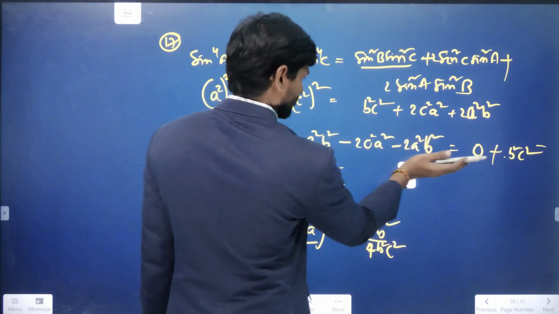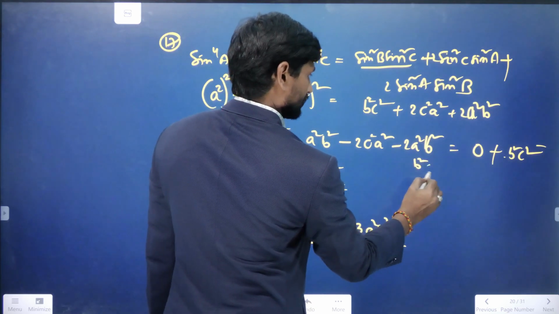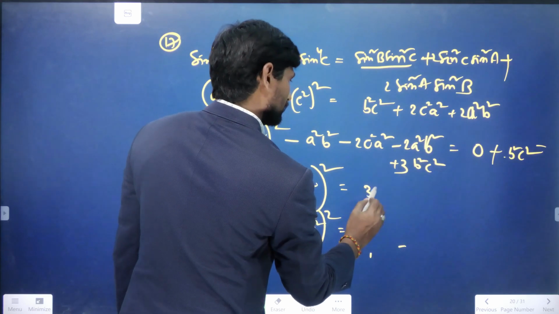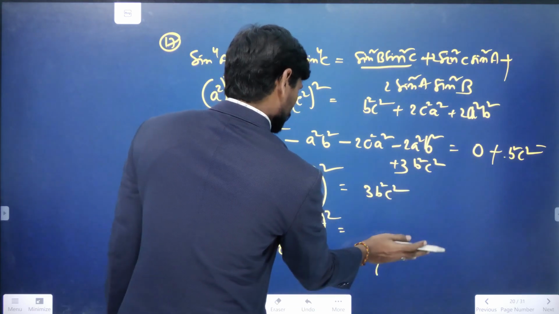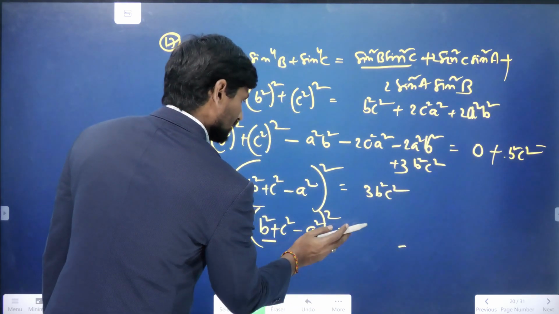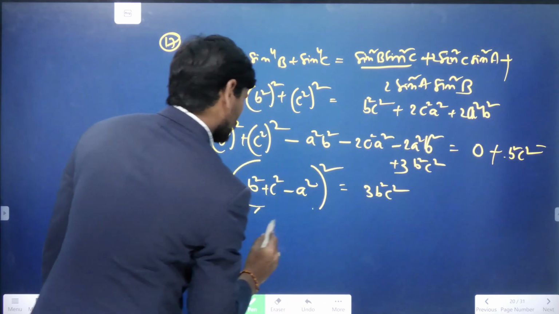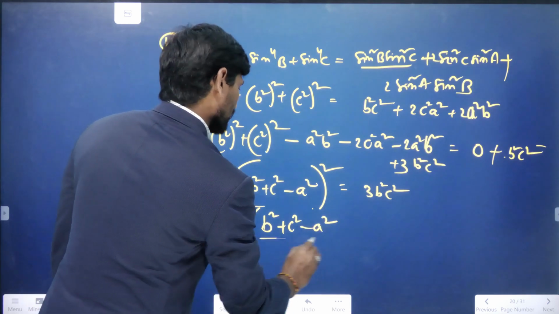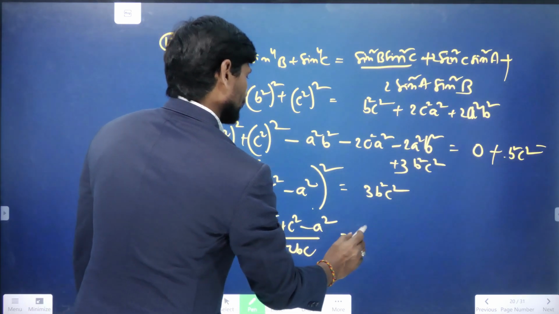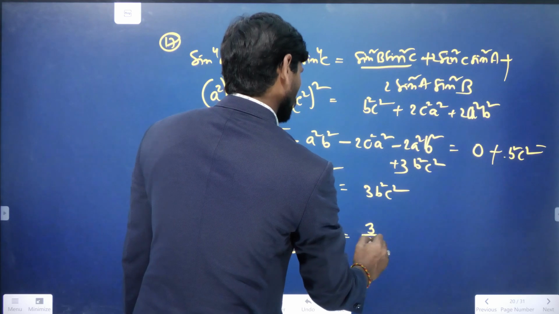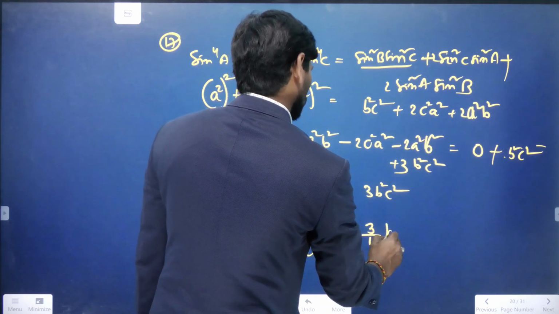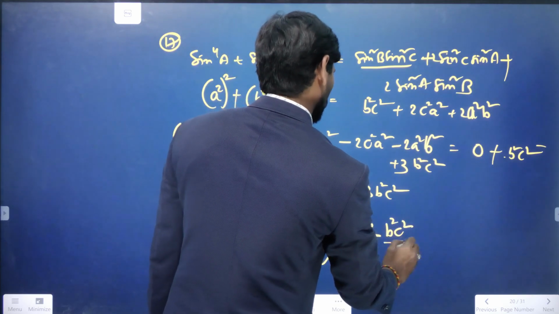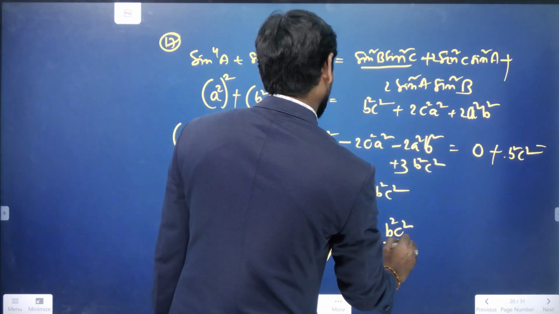So if you remove the square root, b square plus c square minus a square by 2bc is equal to 3 by 4 b square c square by b square c square.